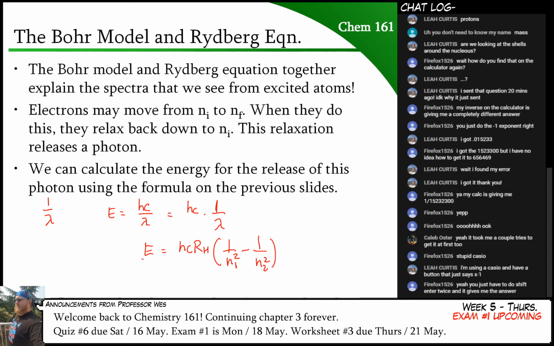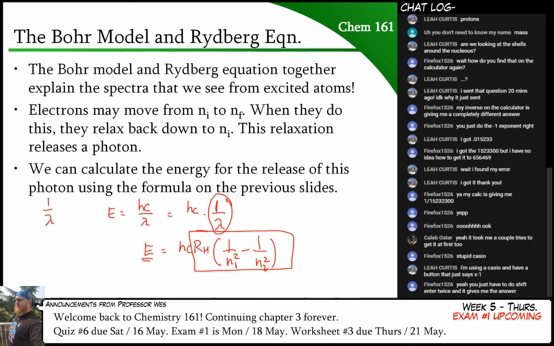And so this will be the energy of a photon in joules for a transition that happens. Because this right here is this right here. Okay? So you might be asked to do that.